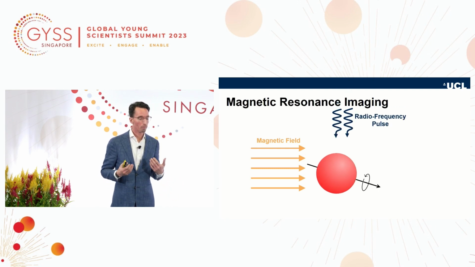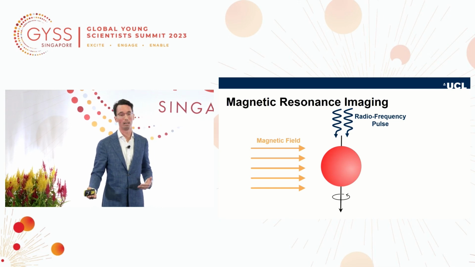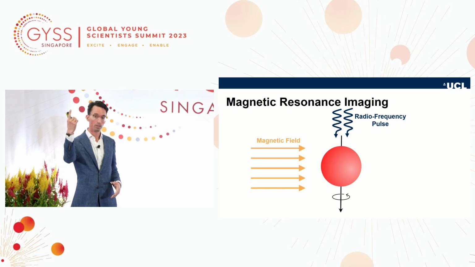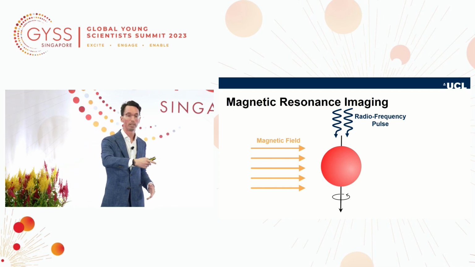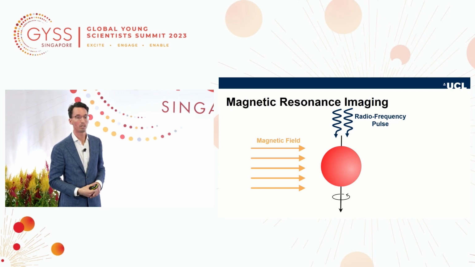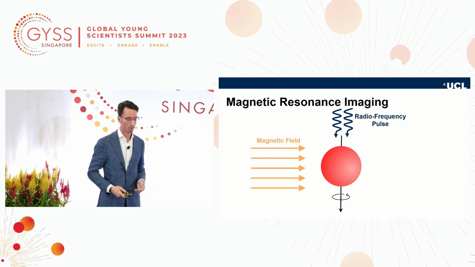So now that we have these spins aligned, how can we measure them? We do this by applying a radio frequency pulse that knocks them out of alignment. And because they're spinning around their axis, now that they've been knocked out of alignment with the magnetic field, they're spinning in the plane perpendicular to the applied magnetic field. And because this rotation is much larger than the precession that the magnetic moment had around its axis, we can measure it very well using radio frequency coils.